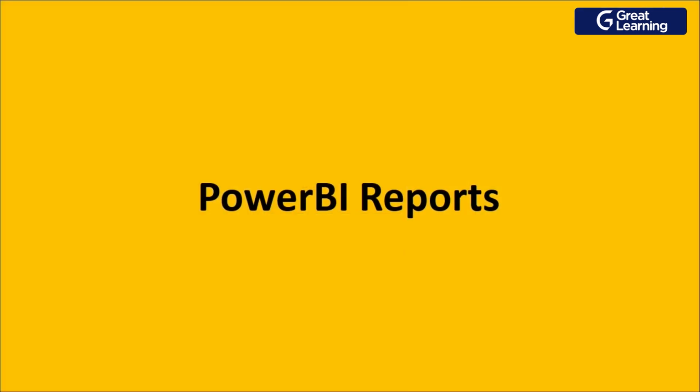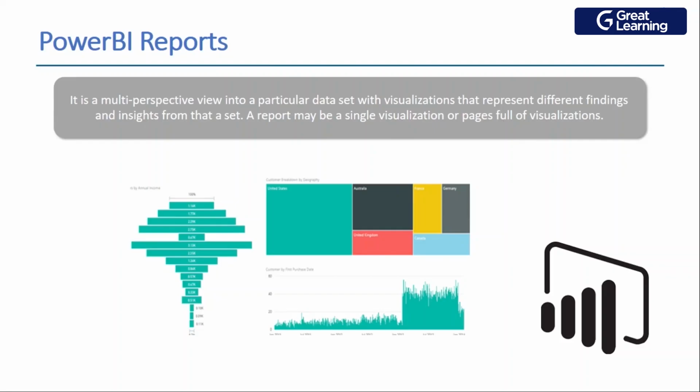Let us now go ahead and discuss Power BI reports in a little more detail. Power BI reports are nothing but a multi-perspective view or information into a particular data set, with visualizations that represent different findings and insights from that data set. So we are referring to a single data set, as I mentioned.